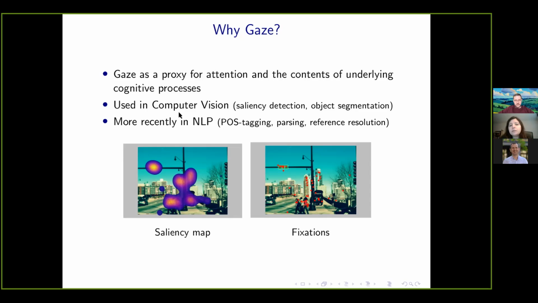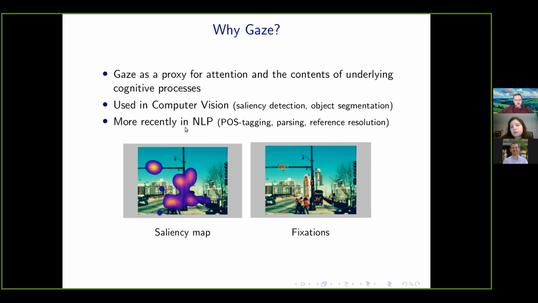Gaze has been used in computer vision for saliency detection, object segmentation and various other tasks, in the form of a saliency map that we see here. It's usually a single static map that is an aggregation of everyone who looked at this image, for instance.